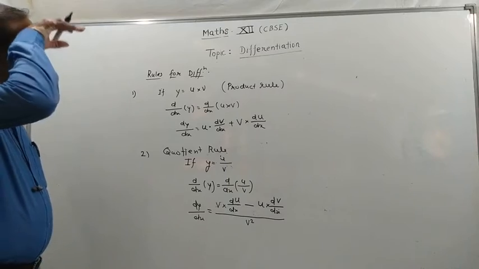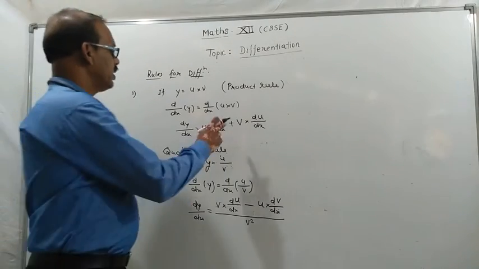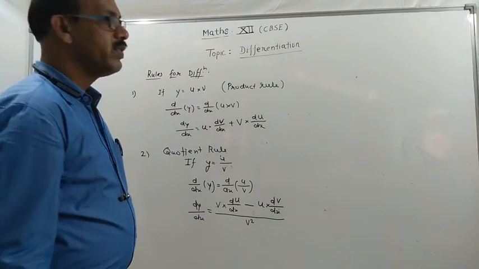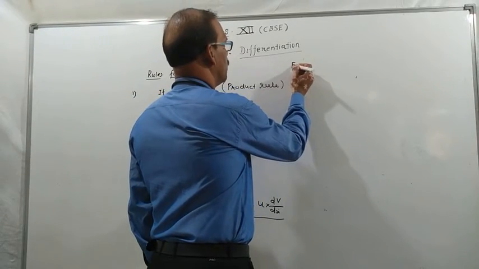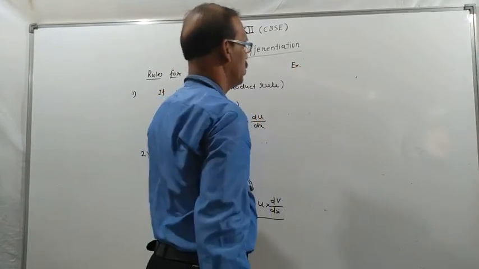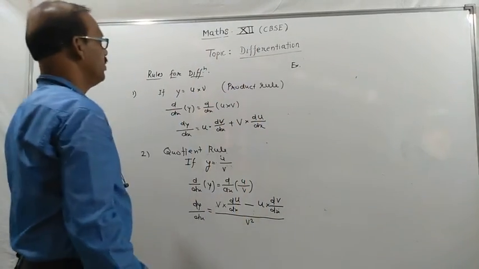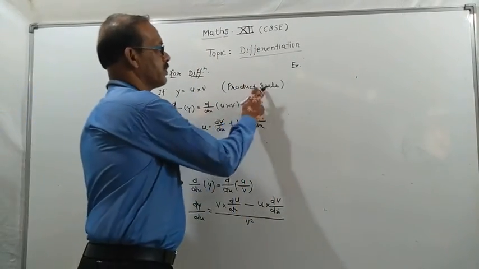Now, to explain this product and quotient rule, we take some examples. We start with the product rule first.